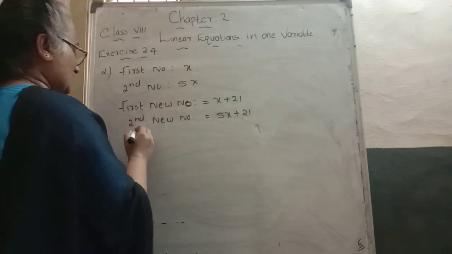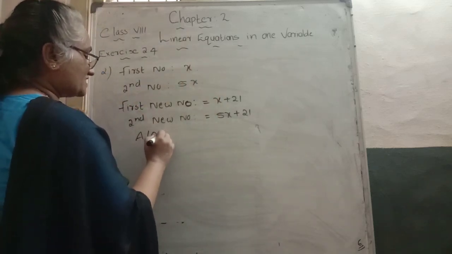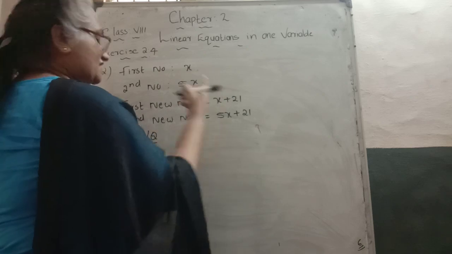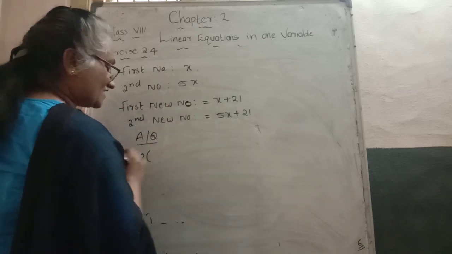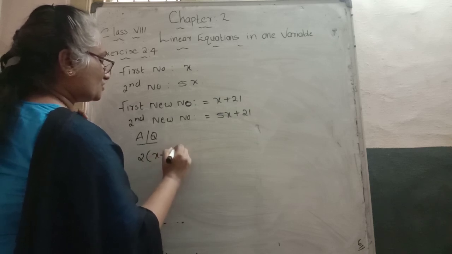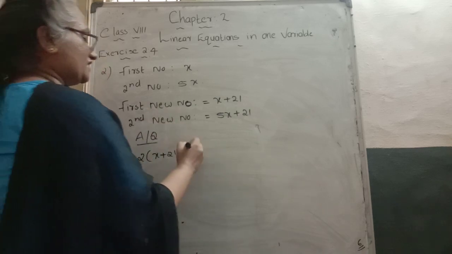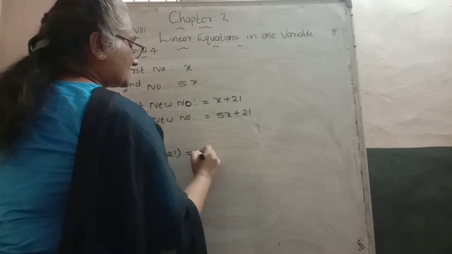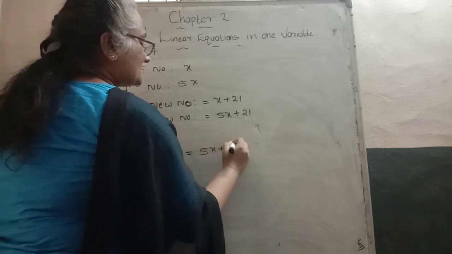So the next expression, according to question (AQ): twice the first new number, that is twice means two times into the first new number, x plus 21, is equal to 5x plus 21.